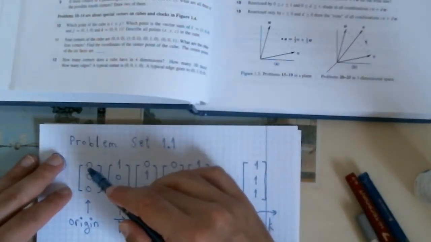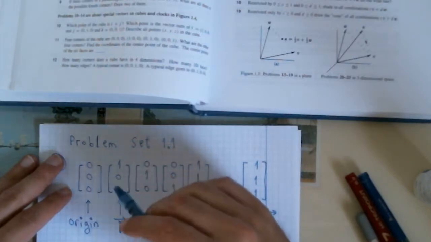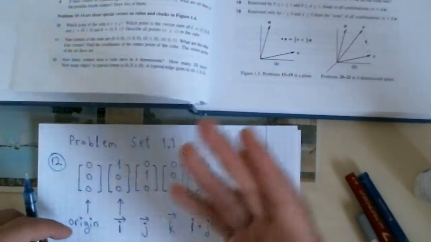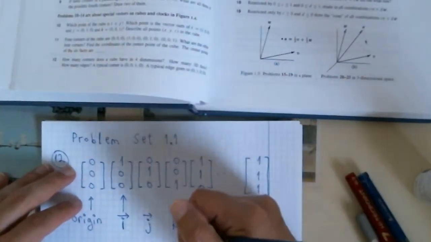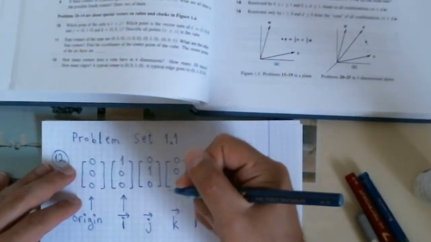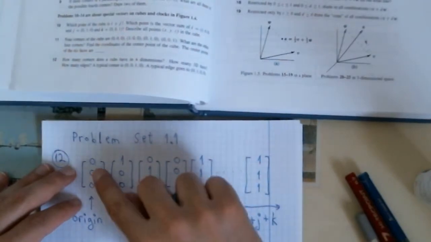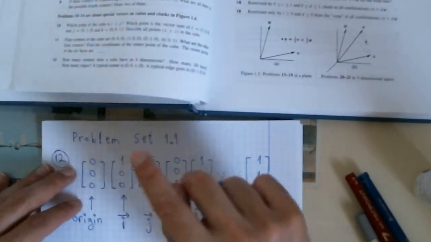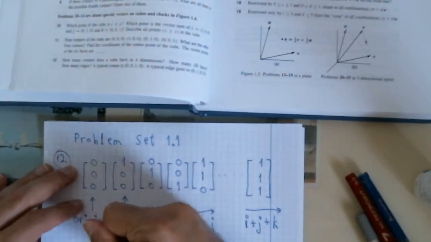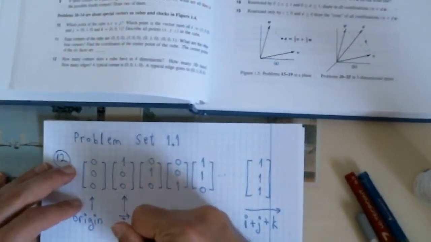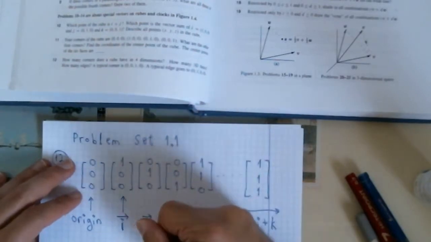So each component can be one of two things, 0 or 1. The first component has two options, the second component has two options, the third component has two options, so it's 2 times 2 times 2.